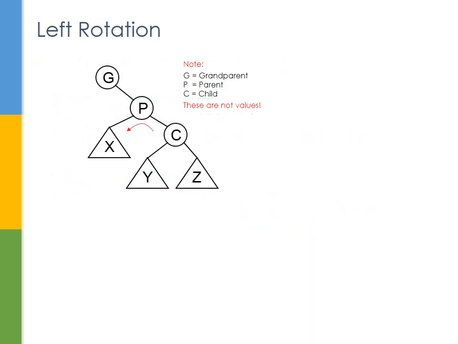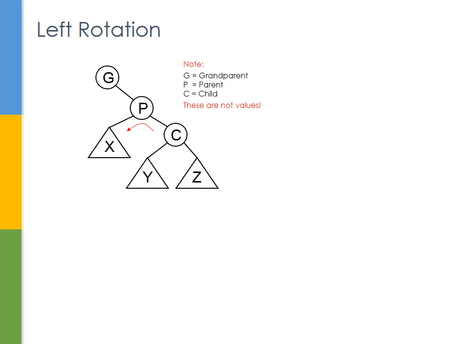Let's now look at how we would perform a left rotation in terms of practical examples. So over here we have a similar diagram to what we saw before. We again have three nodes. So we have node C, which is the child, node P, which is the parent, and node G, which is the grandparent. What we now want to do is rotate the child node C about the parent node P, and this of course then must be a left rotation.